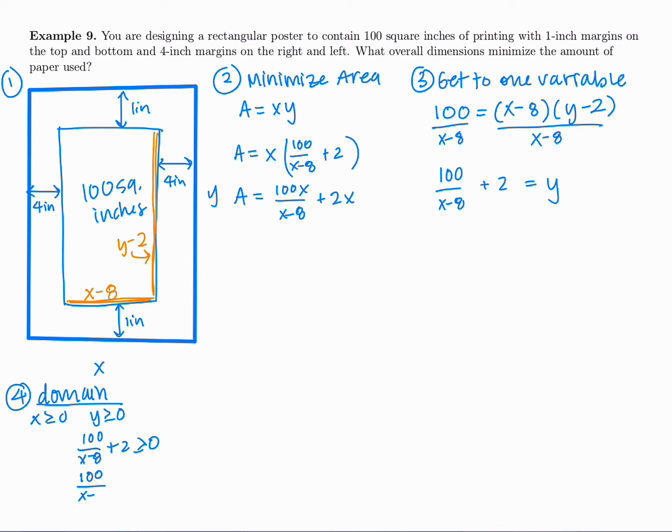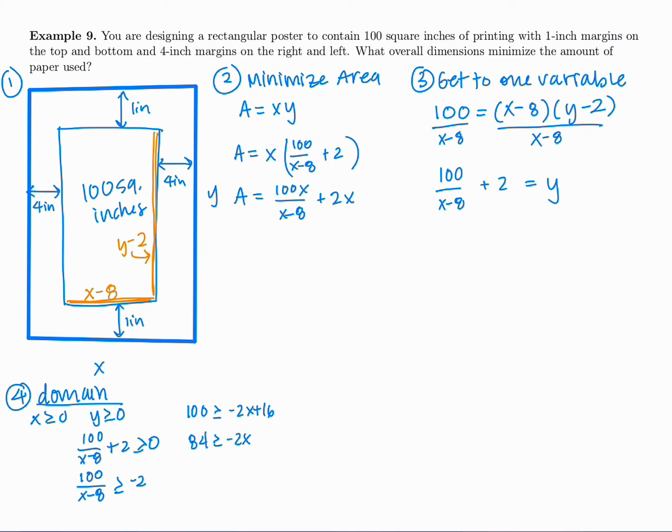100 over x minus 8 is greater than or equal to negative 2, which tells me that 100 is greater than or equal to, I'm going to multiply both sides by that x minus 8, so that'd be negative 2x plus 16. Move that 16 over, I got 84 is greater than or equal to negative 2x.